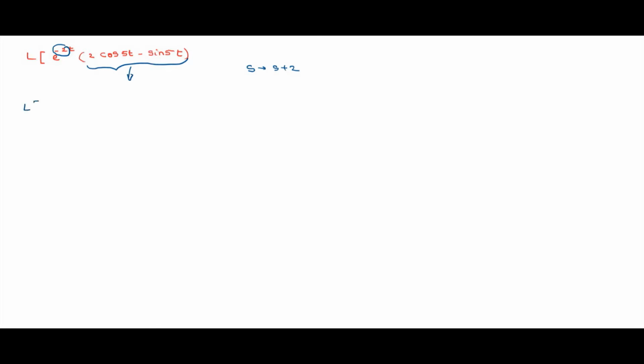What is the Laplace transform of 2 cos 5t minus sin 5t? Its Laplace transform is equal to 2 as it is, Laplace transform of cos 5t is s divided by s square plus 25, minus. Now what is the Laplace transform of sin 5t?